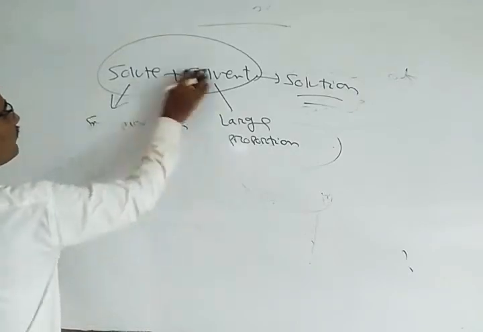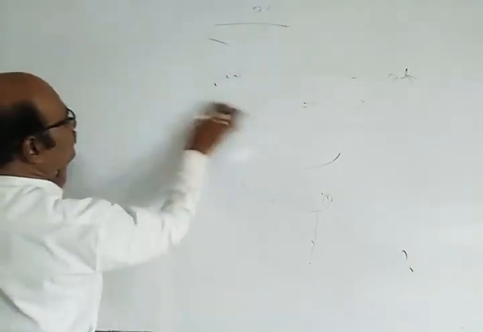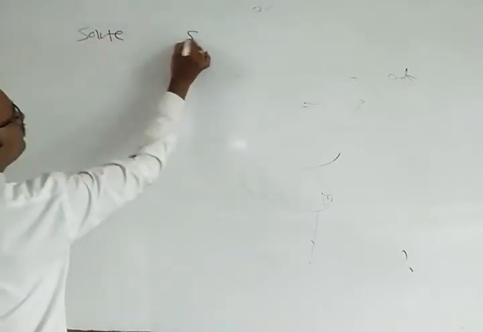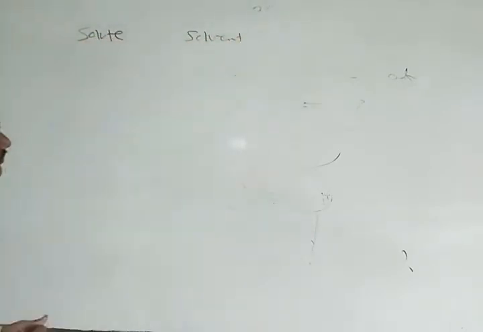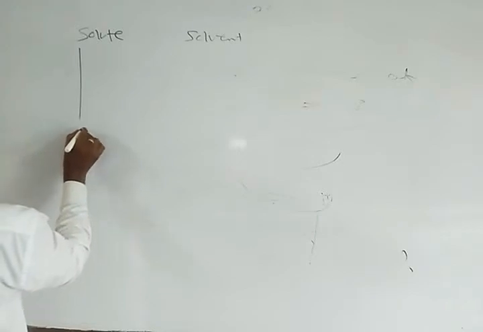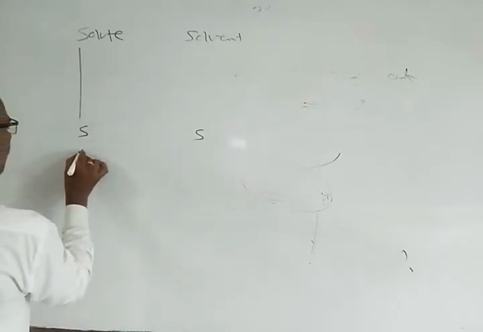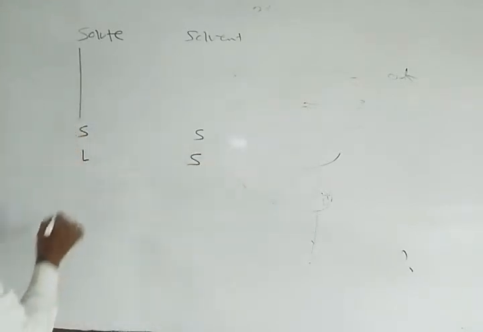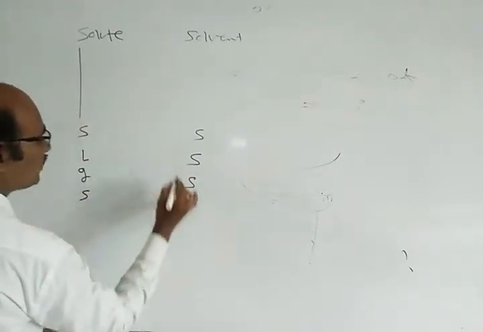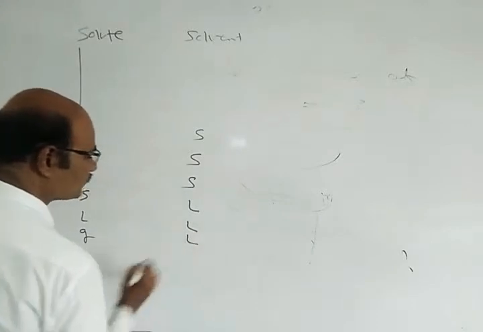For example, if I take the solute and solvent: the solute is solid, and the solvent may be solid, liquid, or gas. Similarly, the solute can be liquid, with the solvent solid, liquid, or gas.